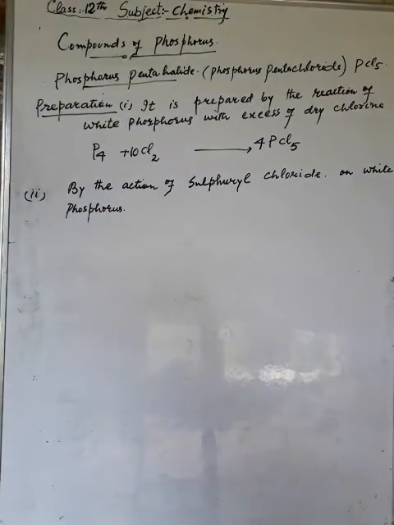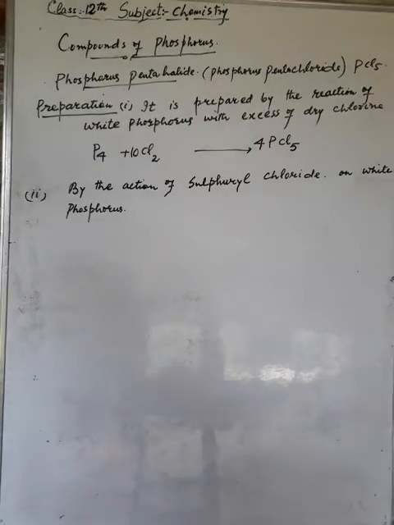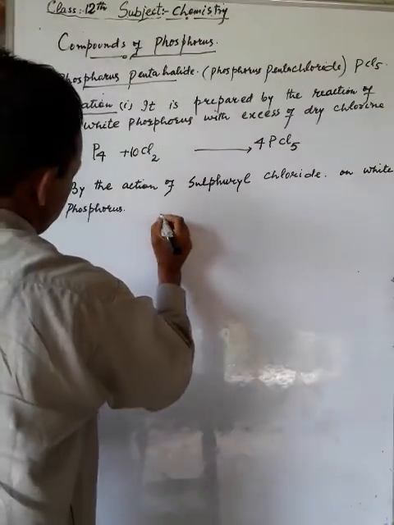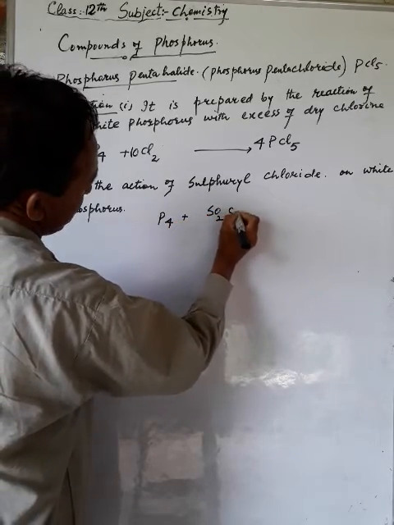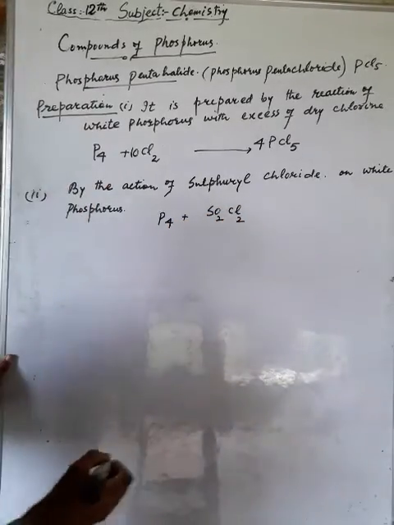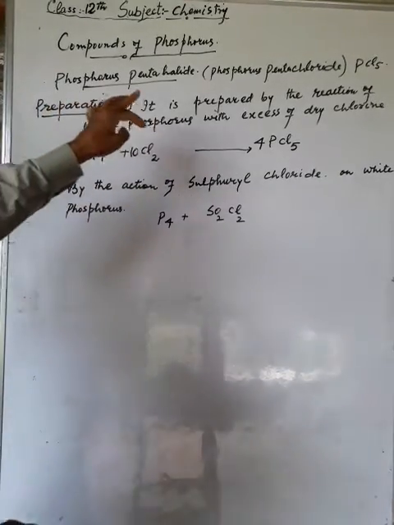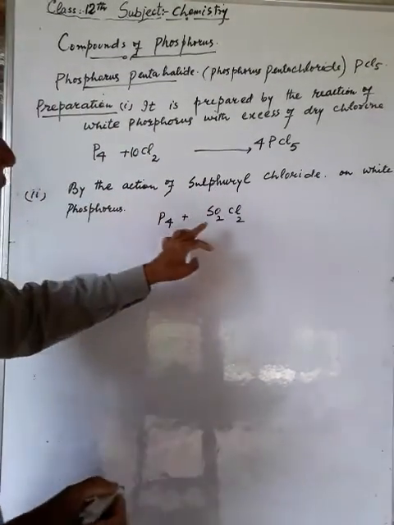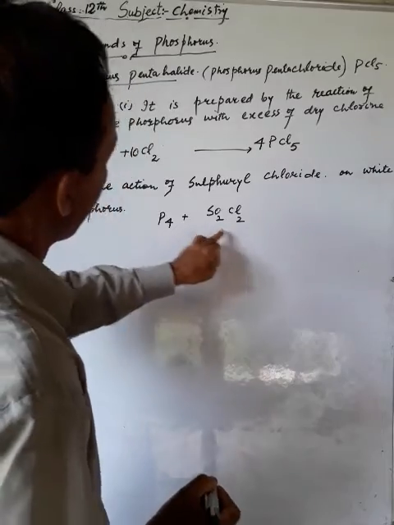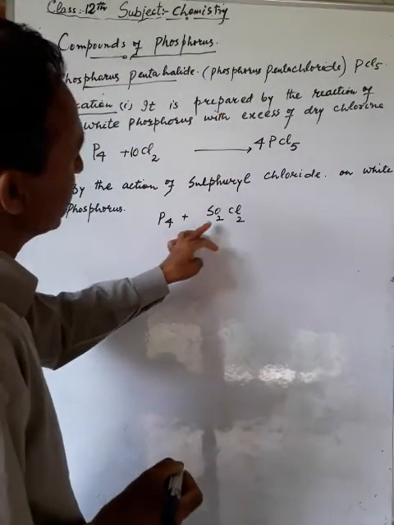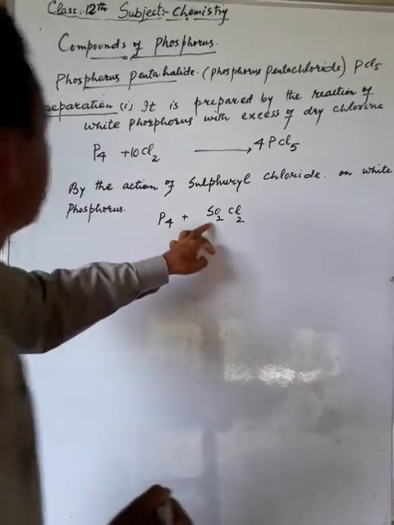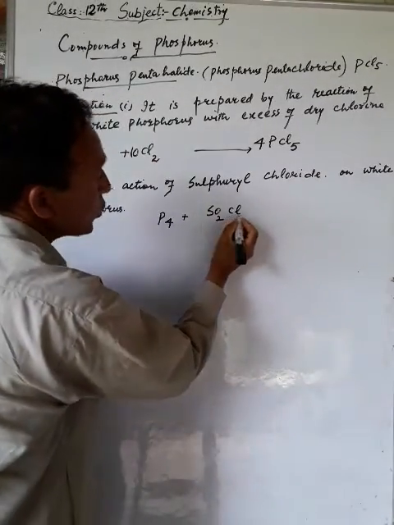So for this the reaction is that we will take P4 and SO2Cl2. In the preparation of PCl3 we were taking thionyl chloride, SOCl2. Now in the preparation of phosphorus pentachloride we are taking this sulfuryl chloride, SO2Cl2.